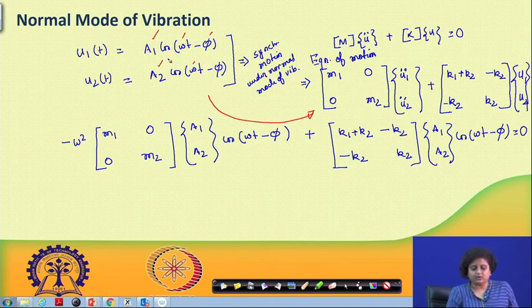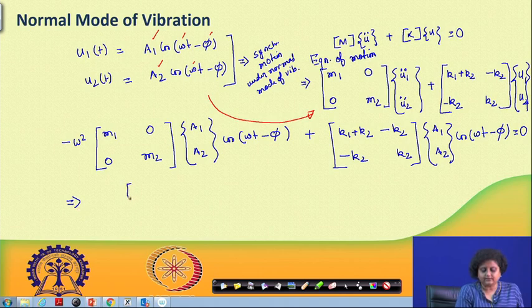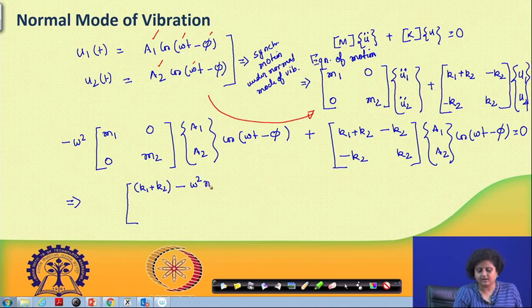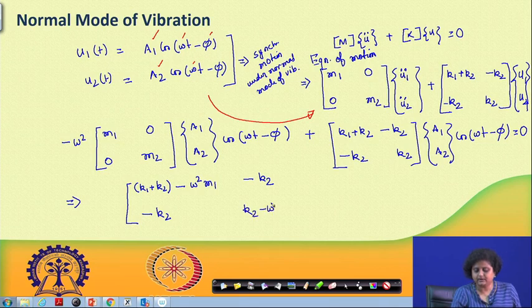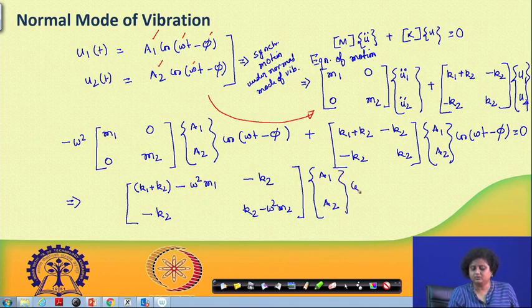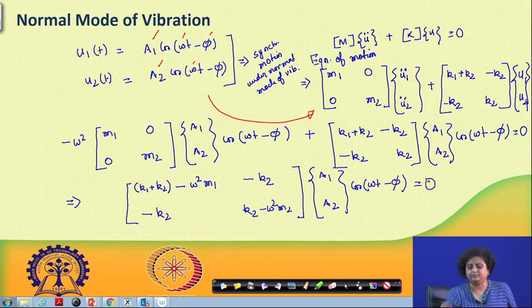Now, let us further check what is going to happen to this equation. I can write this as the matrix [k1 plus k2 minus omega square m1, minus k2; minus k2, k2 minus omega square m2] into [a1; a2] into cos(omega t minus phi) equals to 0, right.